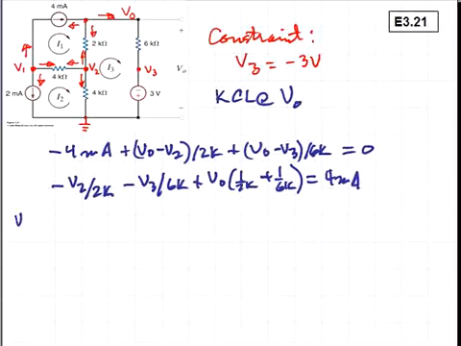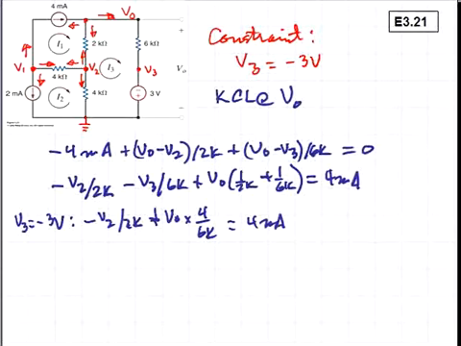With the constraint that the V3 voltage is equal to minus 3 volts, we can rewrite this expression as minus V2 over 2K plus VO times 4 over 6K is equal to 4 milliamps plus V3 over 6K, which is equal to 4 milliamps minus 3 volts divided by 6K.